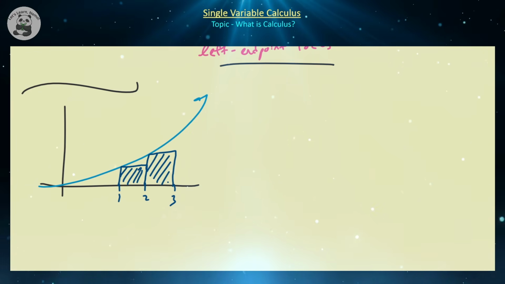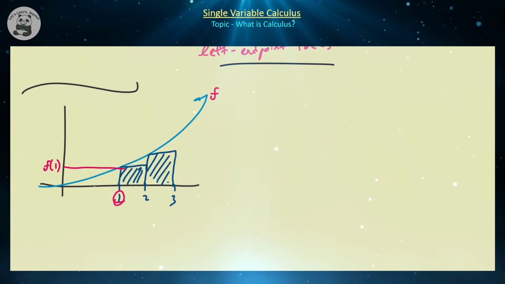But what's the height of each of these left endpoint rectangles? So if this is the function f, then that means the height of this first rectangle is going to be f of that particular left endpoint, which is going to be 1, and the height of this next rectangle is going to be associated to that left endpoint domain value, which is going to be f of 2.